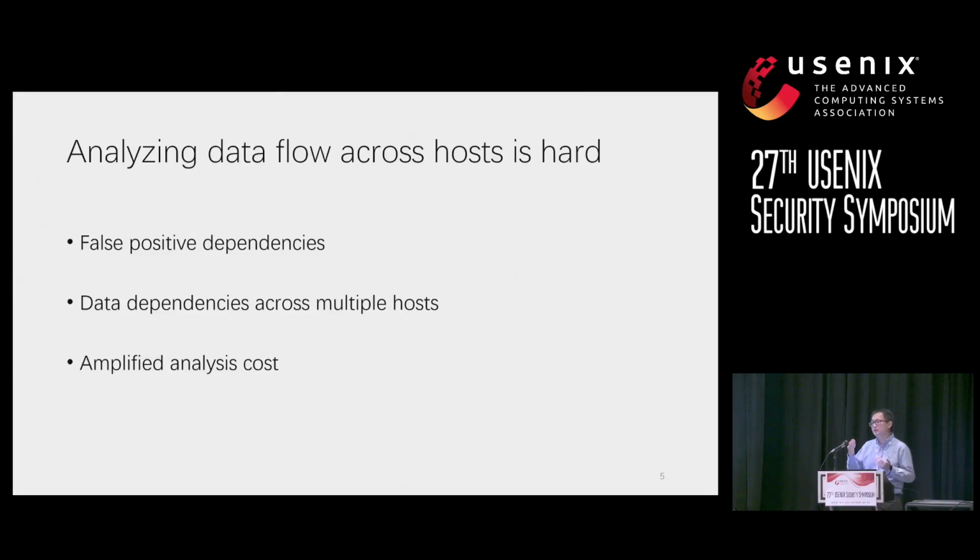We need to tell that actually only file A has been leaked, not file B or C, and also the data dependencies across these multiple hosts should be tracked correctly in the analysis. And also, because we are dealing not with one single host but multiple hosts, the analysis cost, including the analysis time and the memory cost, is amplified. So how can we achieve a reasonable analysis cost?